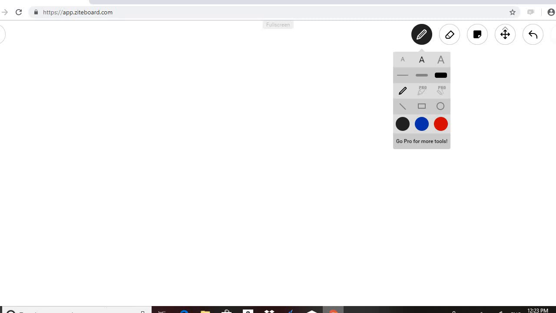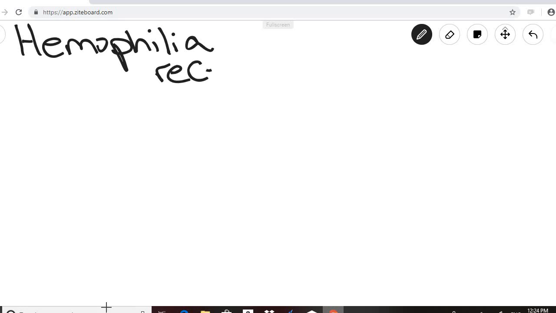Okay, so let me say first of all, hemophilia is a recessive trait. So it's recessive and it's sex-linked.